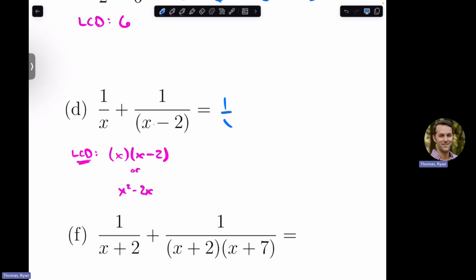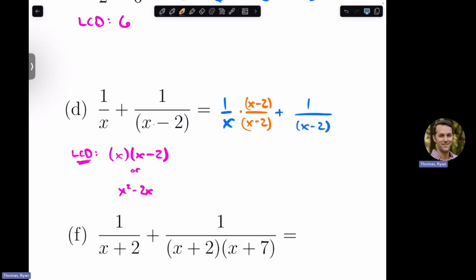Okay. So we've got that to begin with. If I'm going to take these up to the least common denominator, multiply in what's missing, what do we need in this first term? X minus 2. So multiply by x minus 2 over x minus 2. And just for emphasis, that's all those parentheses are doing, right?